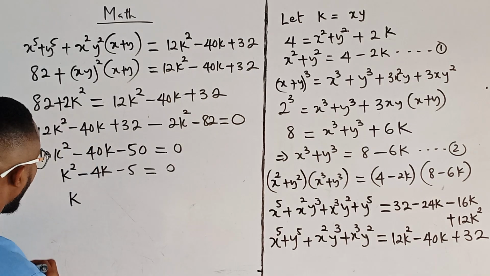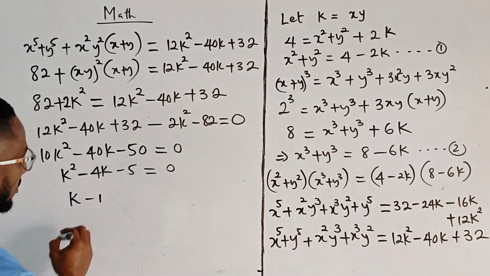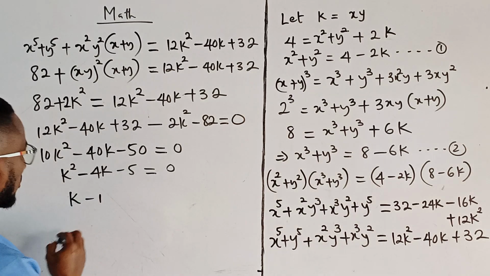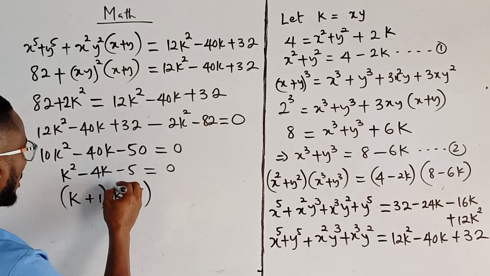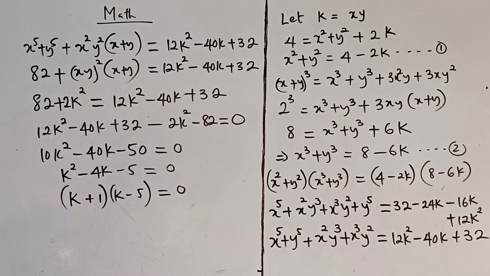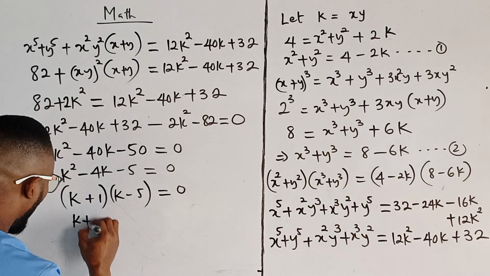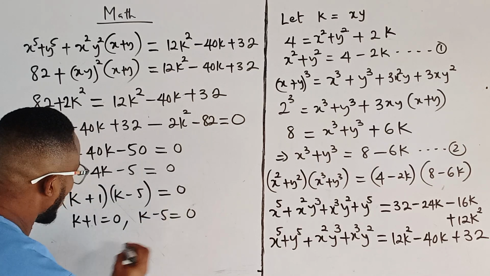So, guys, I can factorize this directly because of the nature of the problem. This is actually k minus 5, k plus 1 equal to 0. So here we are going to be having k plus 1 equal to 0, k minus 5 equal to 0.